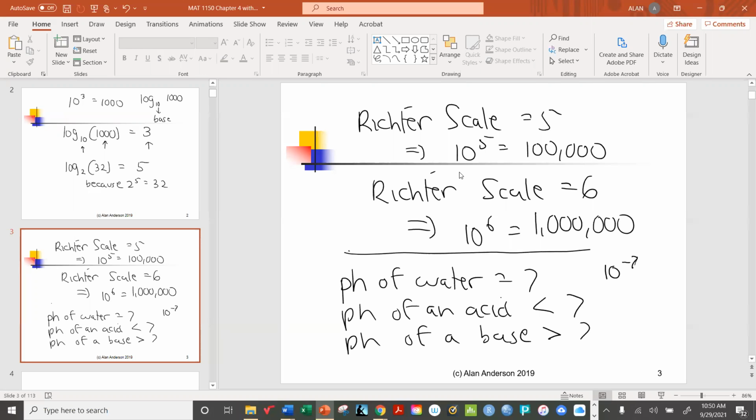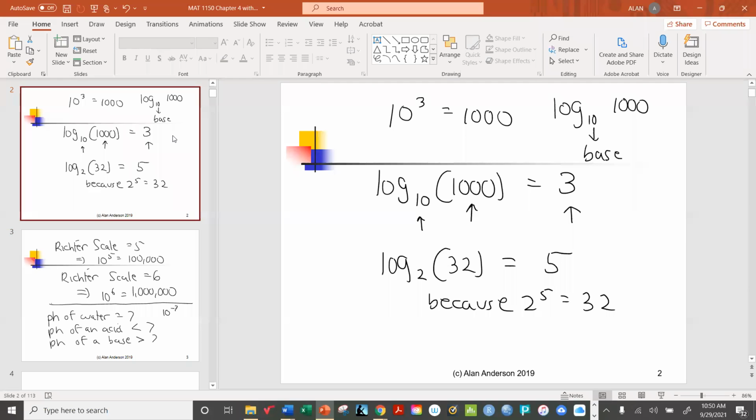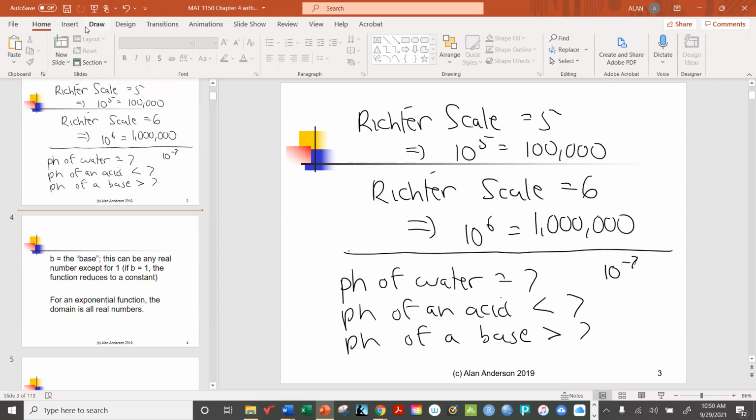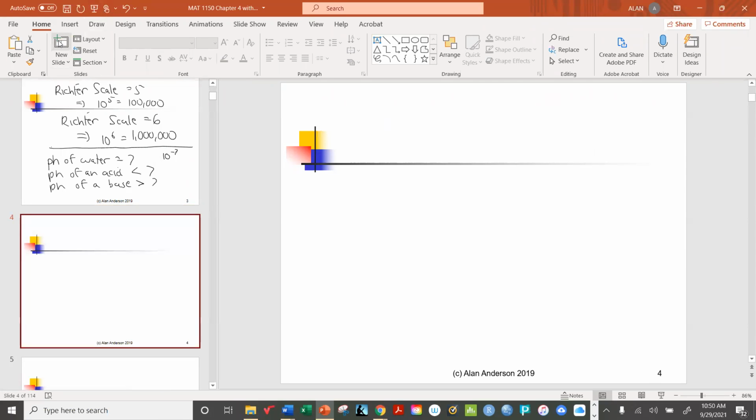So logs are very helpful in a lot of applications. And each one has a base, which determines the value. Like you can see here, log base 2 of 32 is 5, again, because 2 to the 5th is 32. Now, there's one base that turns out to be particularly convenient, and that is the number e.